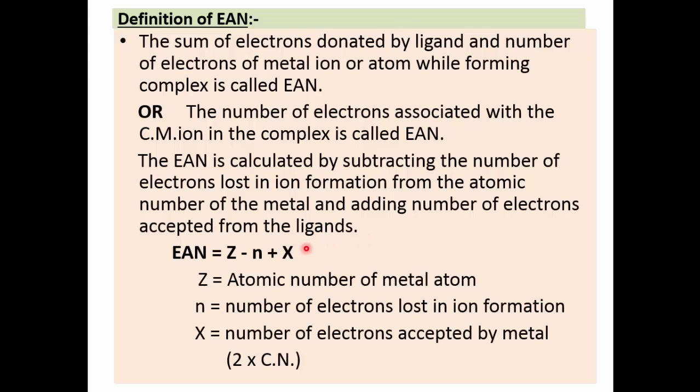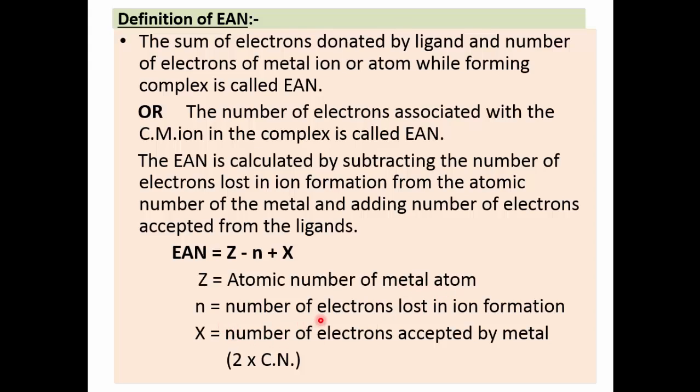For this, Sidgwick put forth the formula EAN = Z - N + X, which is a very important formula. With the help of this formula, we are going to calculate the effective atomic number of the metal. See here, Z is the atomic number of the metal atom.